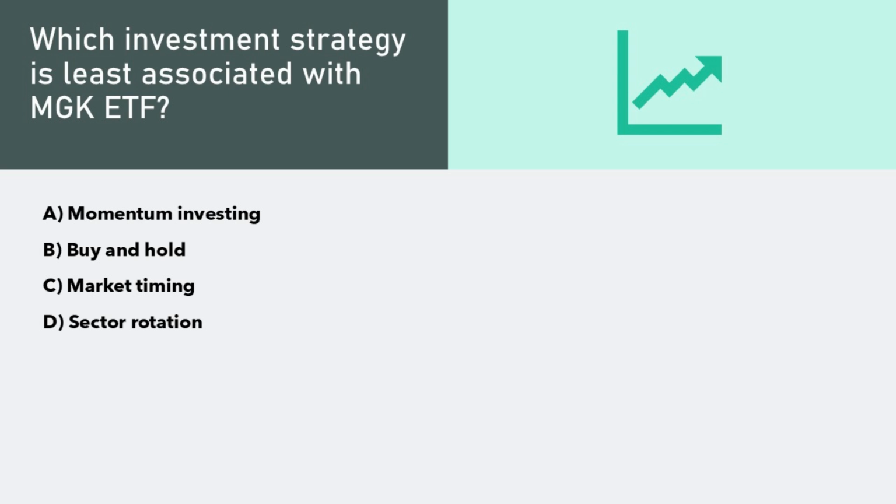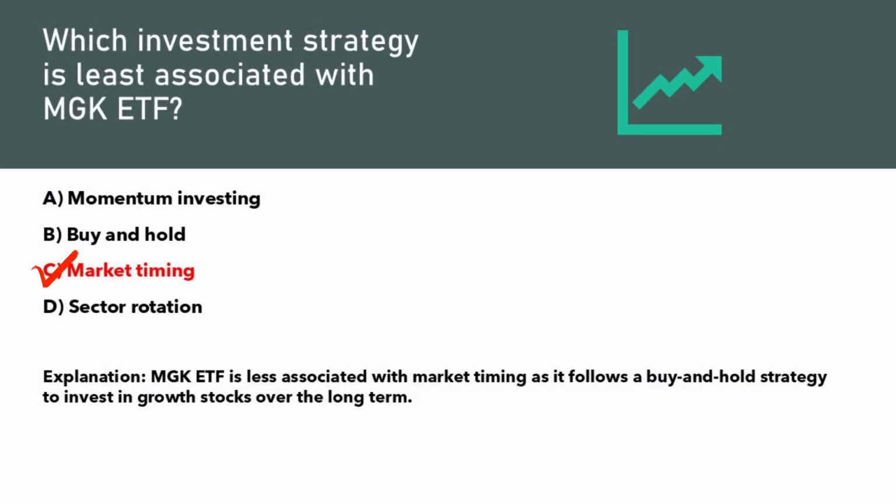Which investment strategy is least associated with MGK ETF? Answer: C. Market timing. Explanation: MGK ETF is less associated with market timing as it follows a buy-and-hold strategy to invest in growth stocks over the long term.